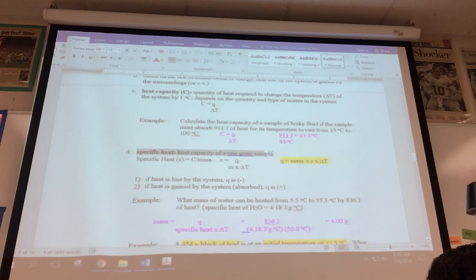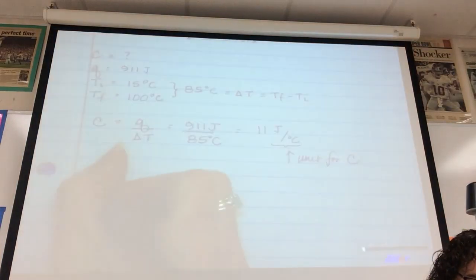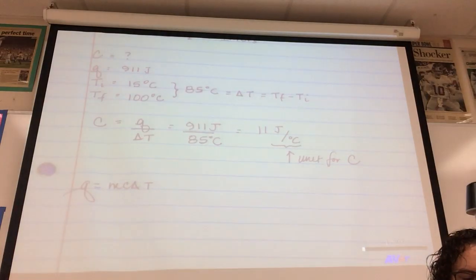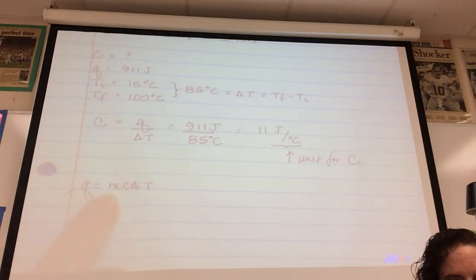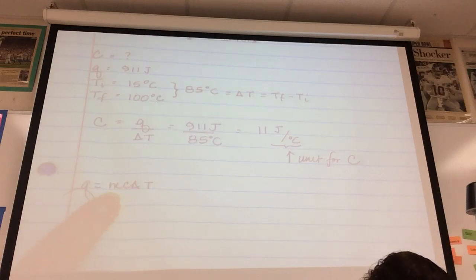Specific heat is the heat capacity of a 1 gram sample. We're going to divide the heat capacity by the mass, and ultimately you derive this equation shown here. Q is equal to MC delta T. Q is the heat transferred. Sometimes it'll say energy. M for mass in grams. C is specific heat. Specific heats will be provided to you.